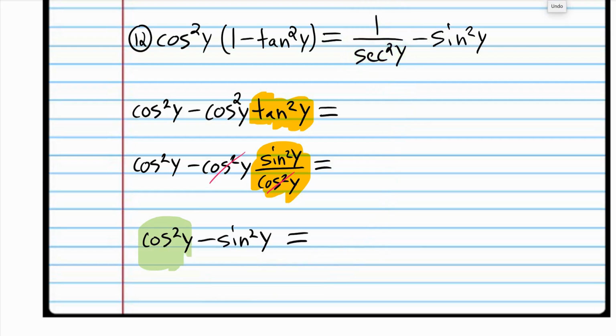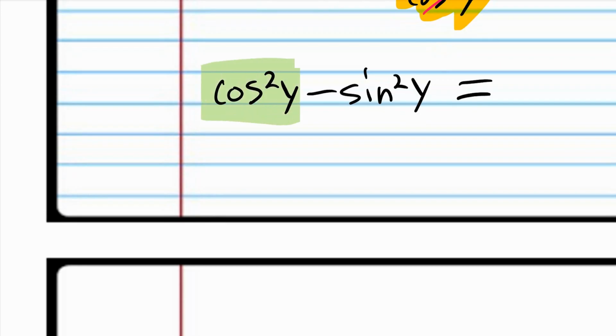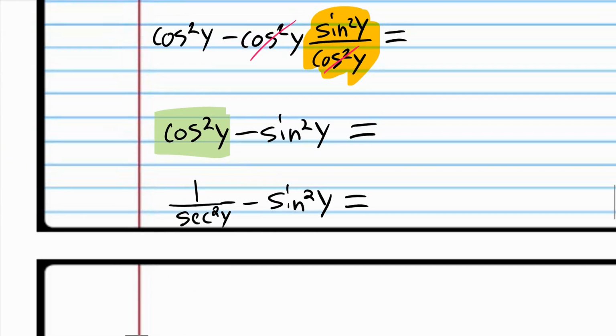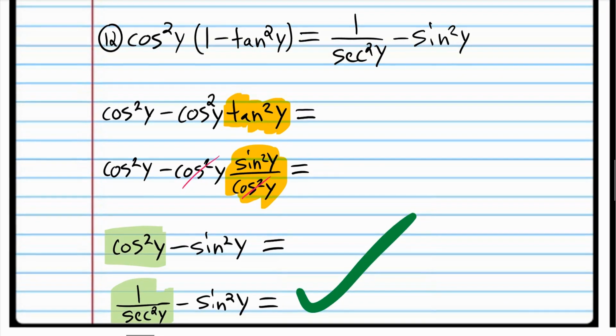And we're going to use a reciprocal identity for that. And so there you go. So we proved it. Again, we proved that the equation is true, by showing that the left side is the same as the right side. So if you got that one right, good job.